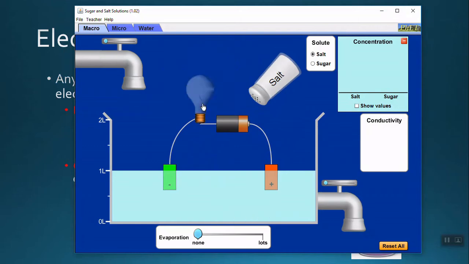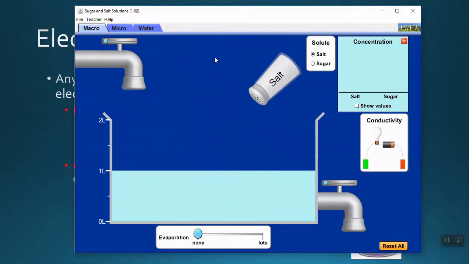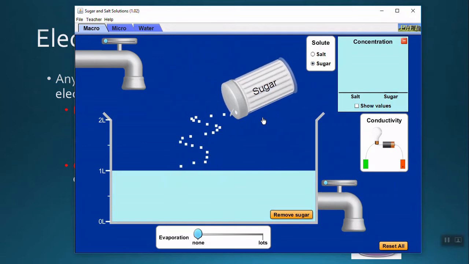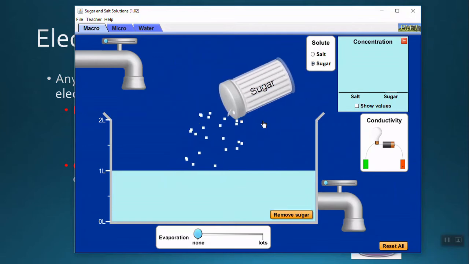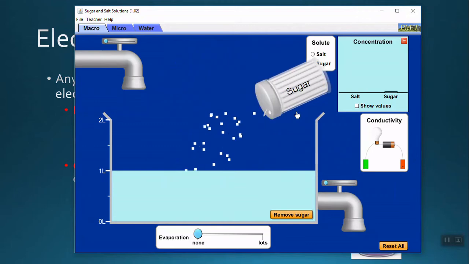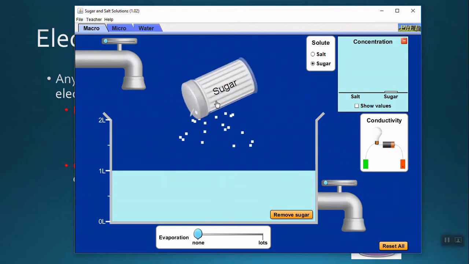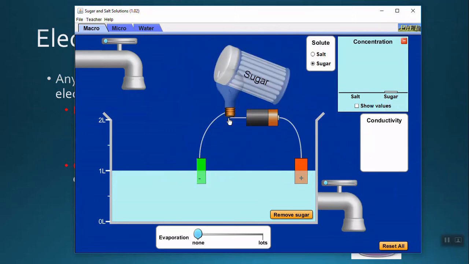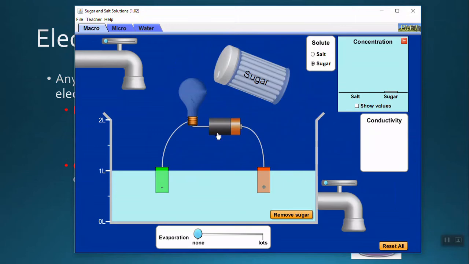Now, if we were to, let me put this back, change it to sugar, and let's say we put some sugar in there. Okay, a little bit more. Oh, maybe I used all of it. Okay, so if I put this in here, you see that the light bulb doesn't even light up, right?